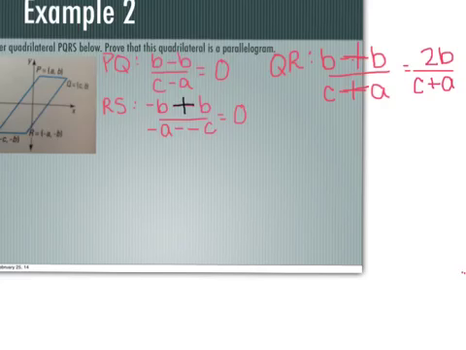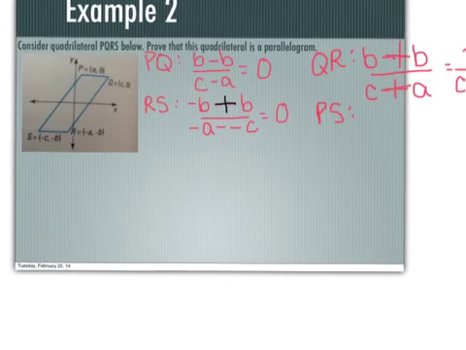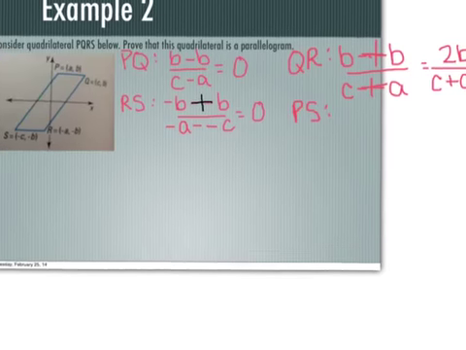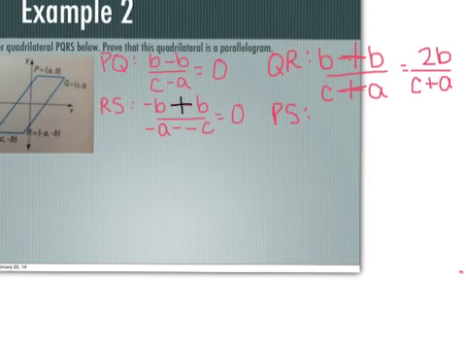And then what's our other one that we haven't done yet? PS. Need to see it. So that's going to be B minus negative B over, what was it, A minus negative C?